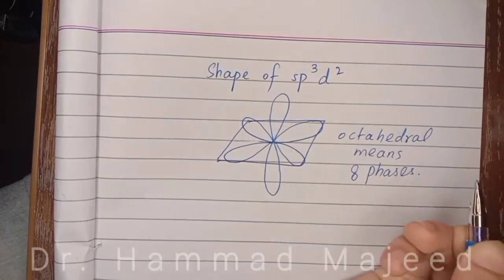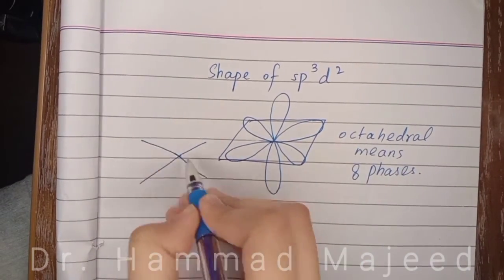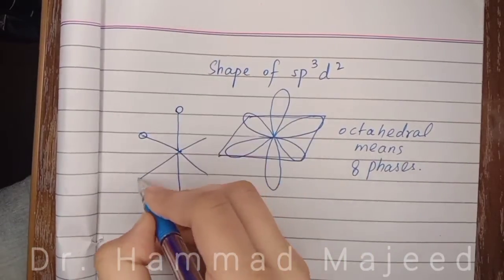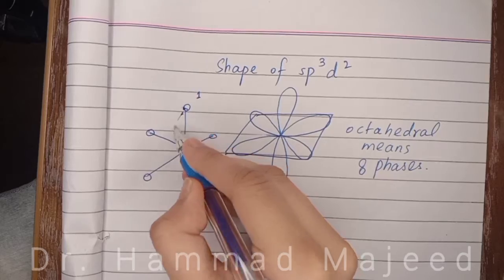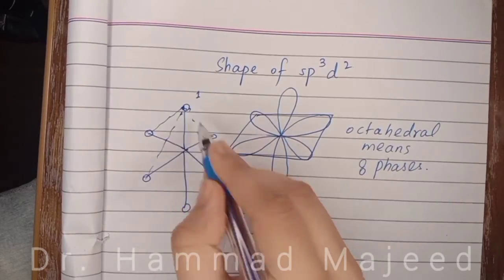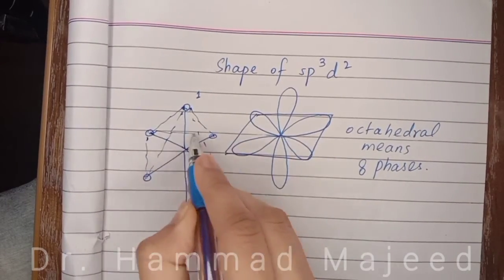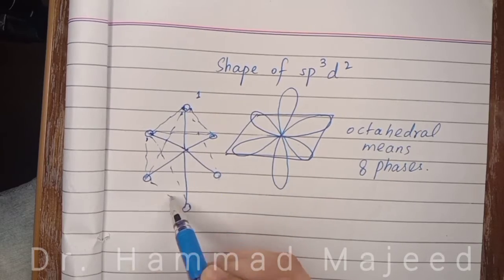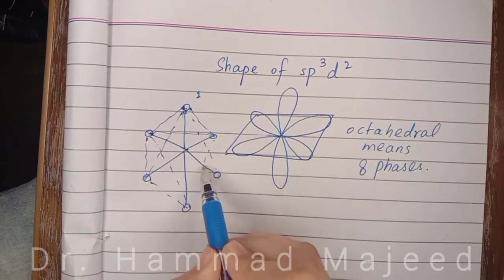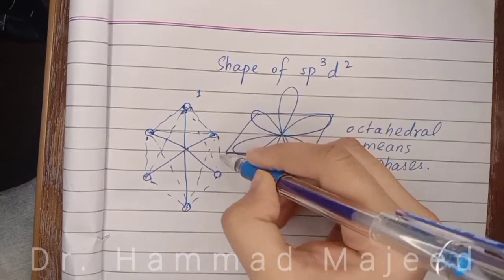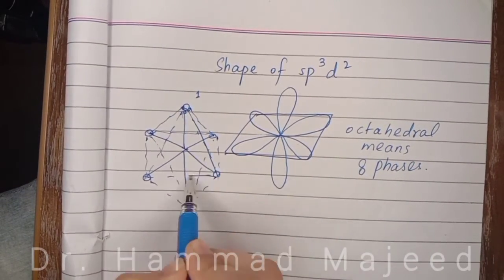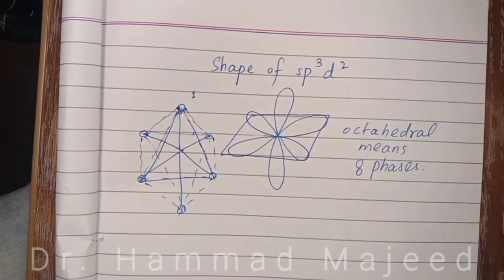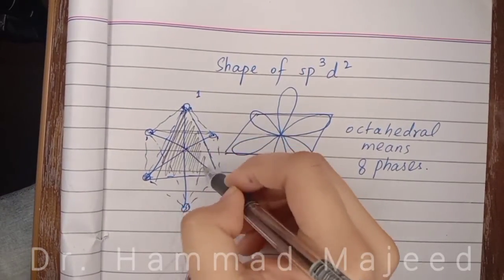But there is an increase in the number of orbitals. So the shape will be octahedral, which means that there are 8 faces in this shape. 4 are in one plane, and the others are in the other plane.